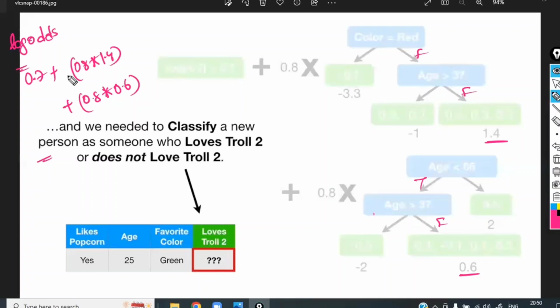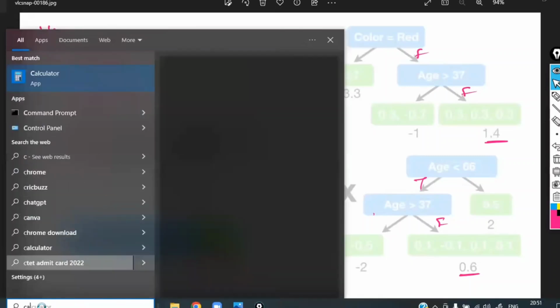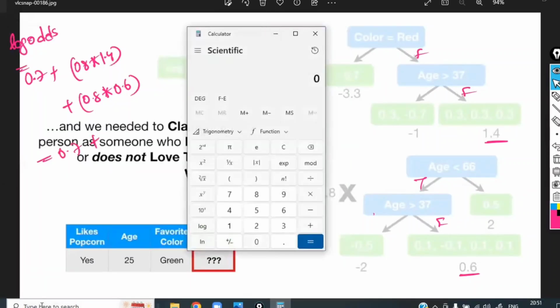Now, 0.7 plus 0.8 into 1.4, which is 1.12, plus 0.8 into 0.6, which is 0.48. That is equal to 0.7 plus 1.12 plus 0.48, which is 2.3. This is log of odds.